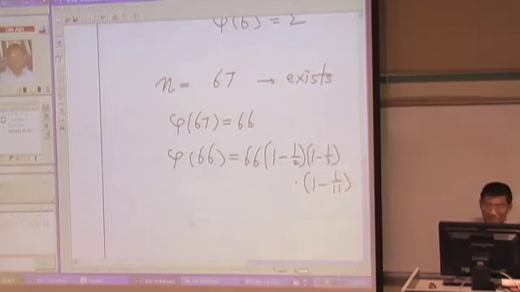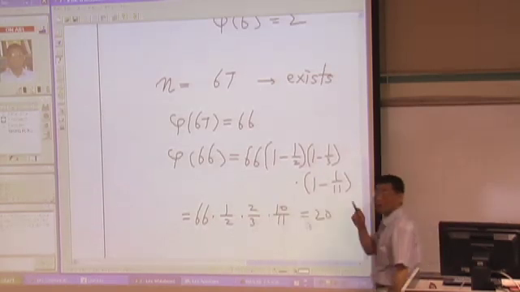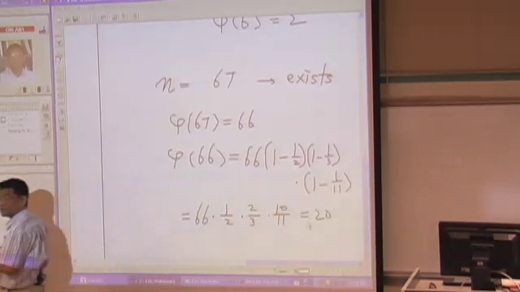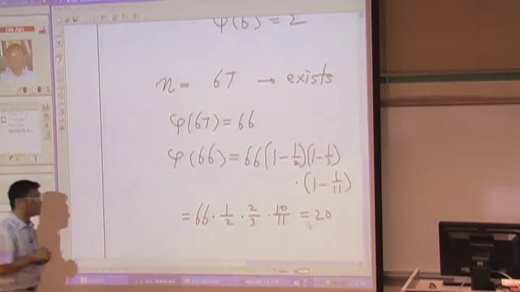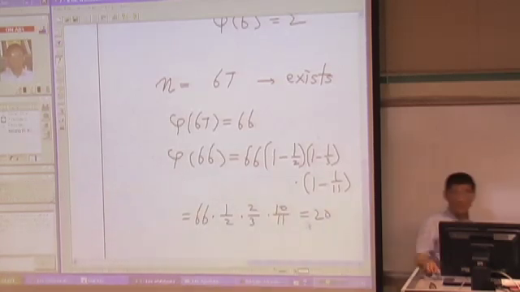Then it is equal to 66 multiplied by 1/2 multiplied by 2/3 multiplied by 10/11, then it is 20, right? So there are total 20 primitive roots. So let's check it.